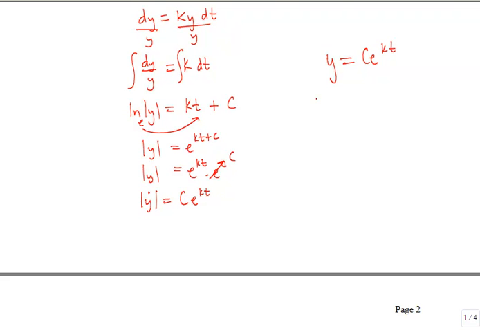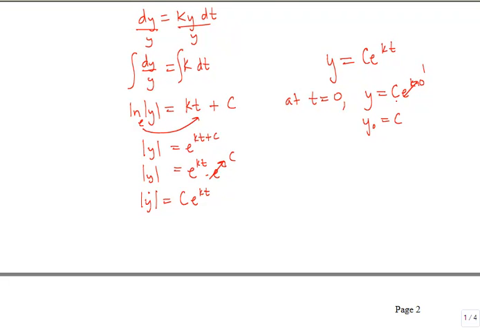And one thing that you can notice is that at time 0, if I plug in 0 for this t up here, I'm going to get y equals c e to the k times 0, and e to the 0 goes to 1. So I'm going to call this the initial population, and the subscript that we use for that is usually y sub 0.